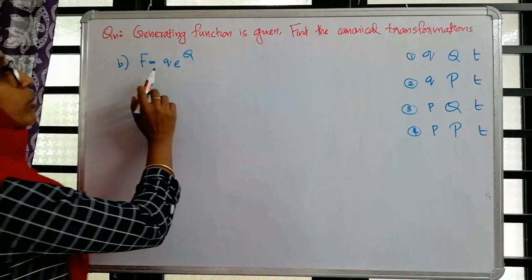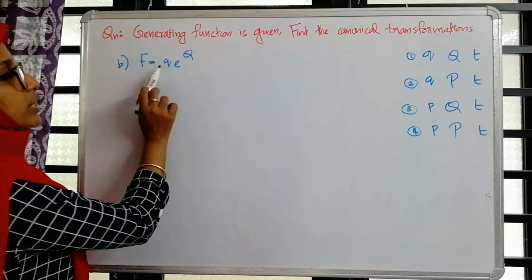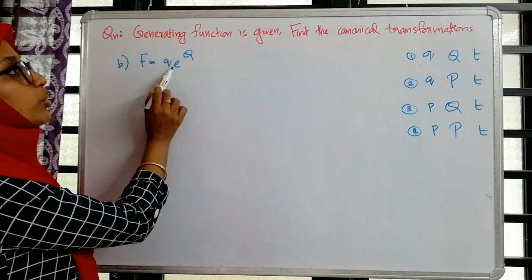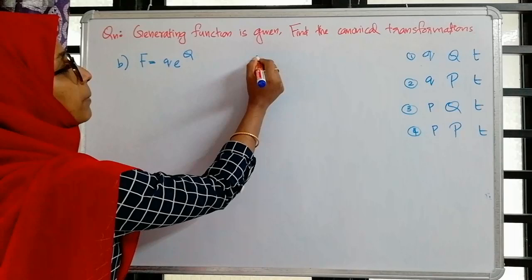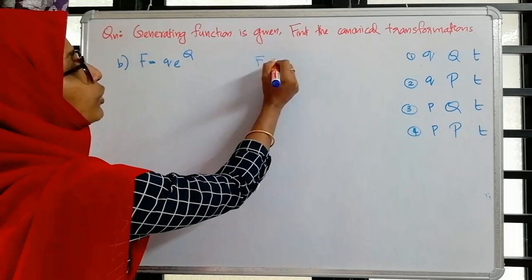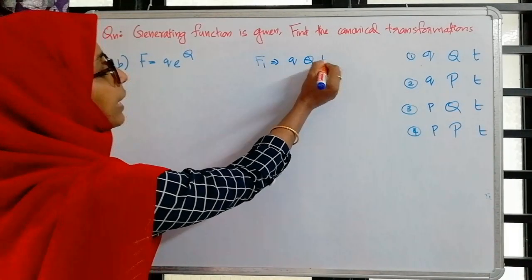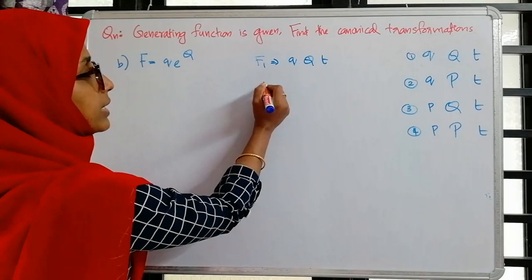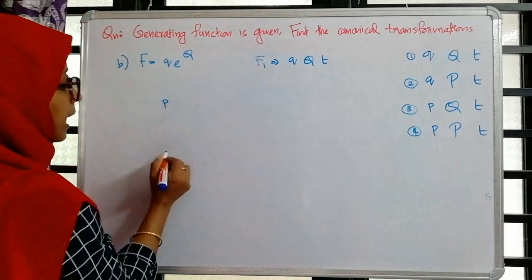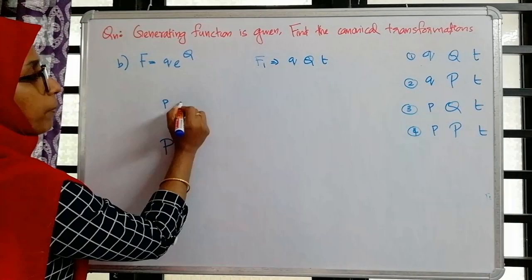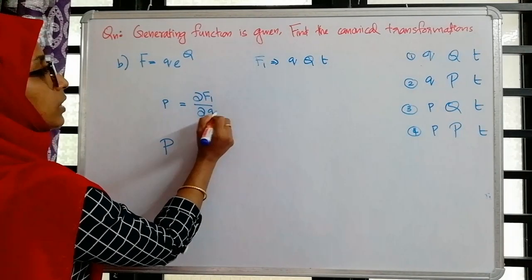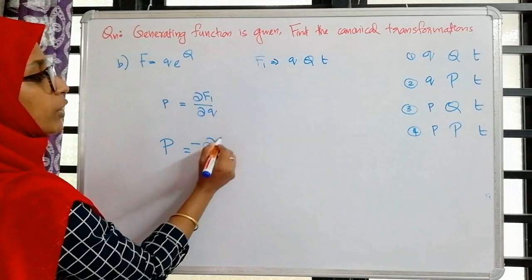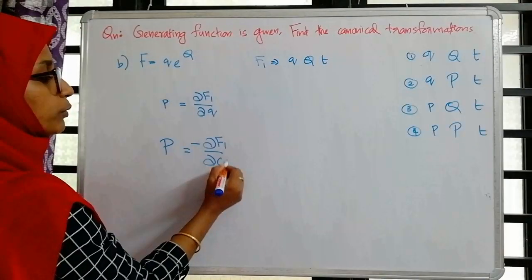Next is to find out the canonical transformation regarding the generating function F is equal to q e raised to q. From this equation we know that it is representing F1, which is equal to F1(q, Q, t), and we have to find out the equations small p and capital P. Small p will be equal to ∂F1/∂q, and capital P will be minus of ∂F1/∂Q.